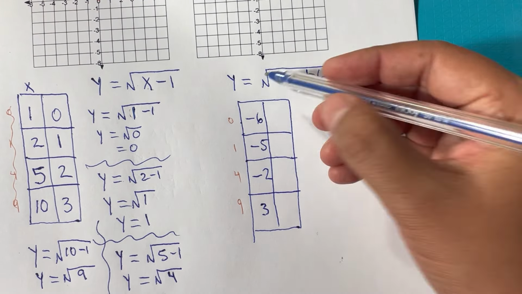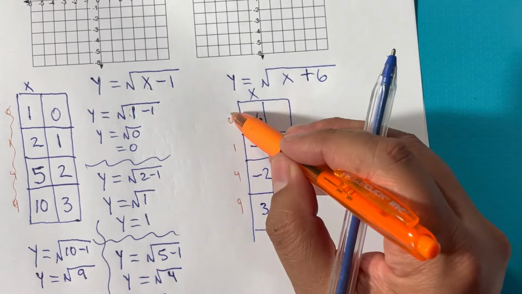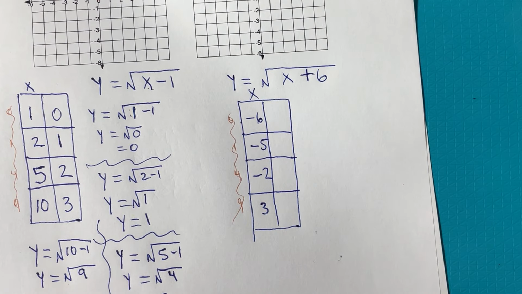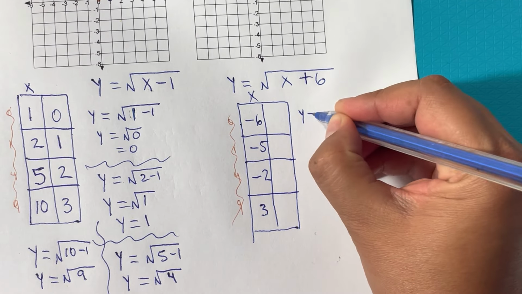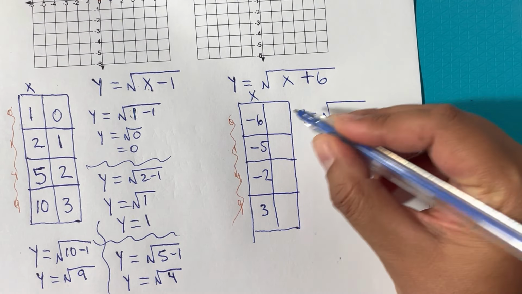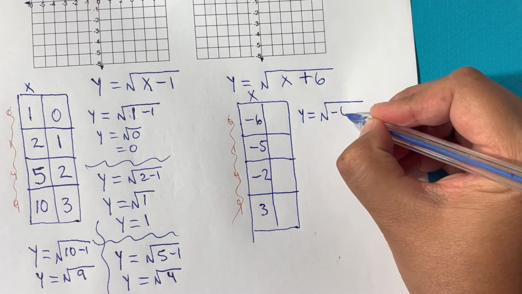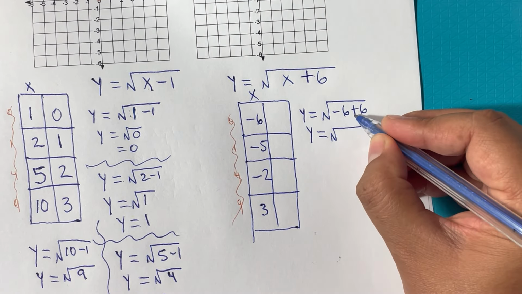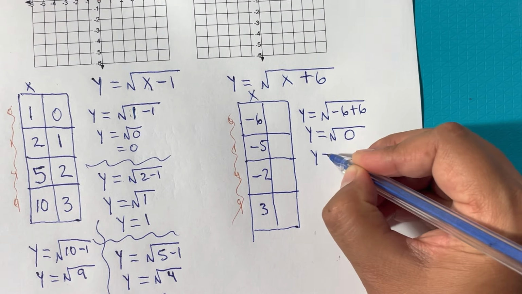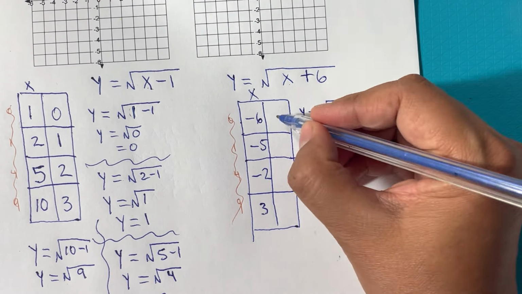Now that we have the values for X, cross it out so that you don't do the same mistake that I almost did in here. So it's going to be Y is equal to the square root of X, which is -6 plus 6. Y is equal to -6 plus 6, which is 0. And that's 0.